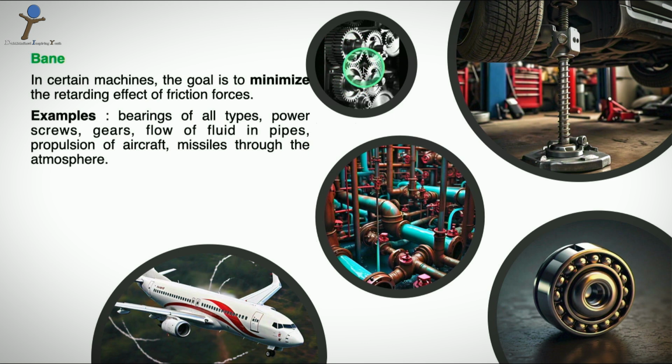It is necessary to minimize these frictional forces to maximize the efficiency of the system. Similarly, the fluid friction occurs inside the pipeline, and the fluid friction occurs on the outer surface of the aircraft, which can increase the drag effect on the flights. So, these are some of the examples for friction as a bane.